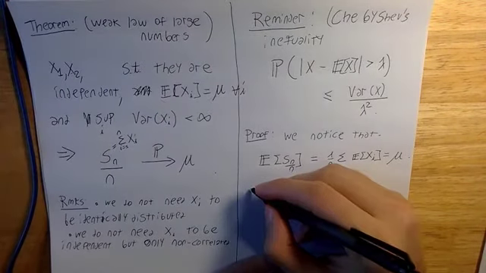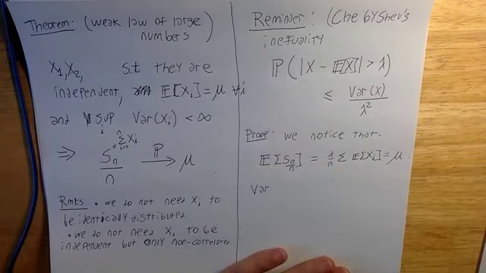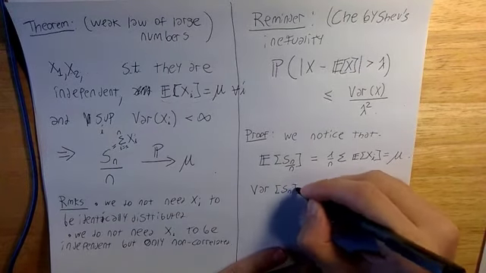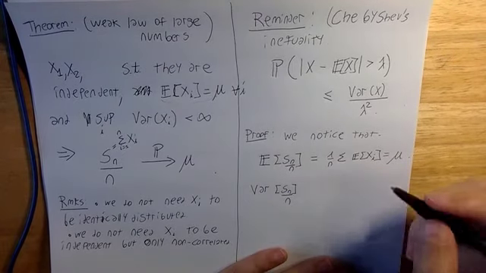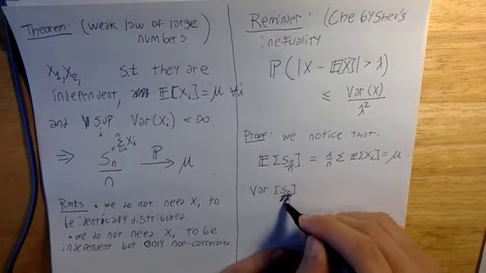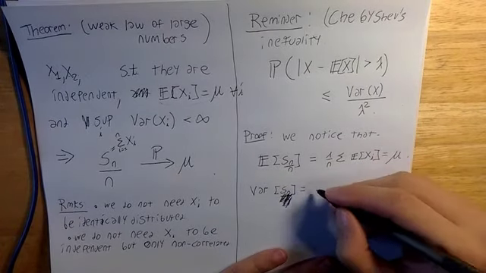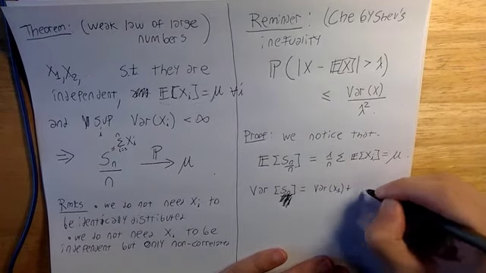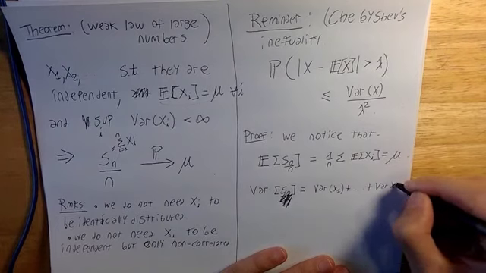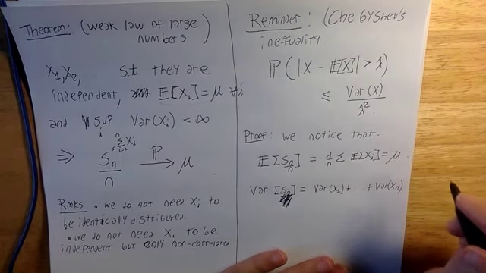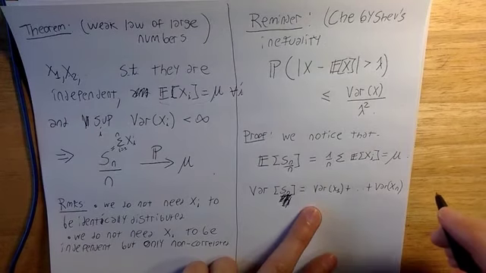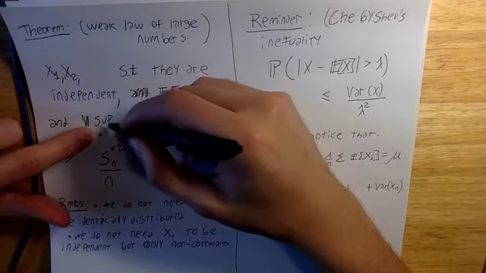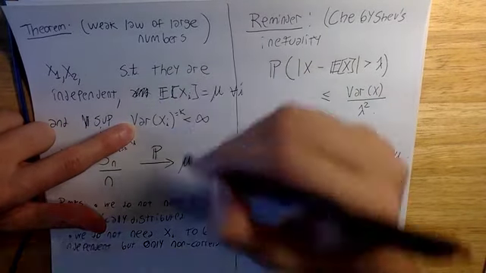But now the variance of Sn over n. Let's start without dividing by n: the variance of Sn is going to be equal to the variance of x1 plus all the way to the variance of xn. We're going to assume that the supremum over i of the variance of xi is equal to k, which is less than infinity.